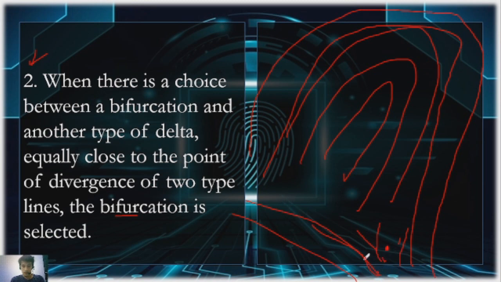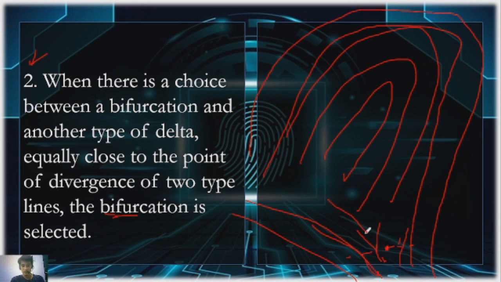Okay, so again, the point of divergence is in here. Okay, so let's make an imaginary line. So they are equally close. Okay, close yung mga ito. They are equally close to the point of divergence. So with that, we are going to still consider all of them, but overall the one that should be chosen, yung pipiliin talaga, is yung dapat bifurcation.